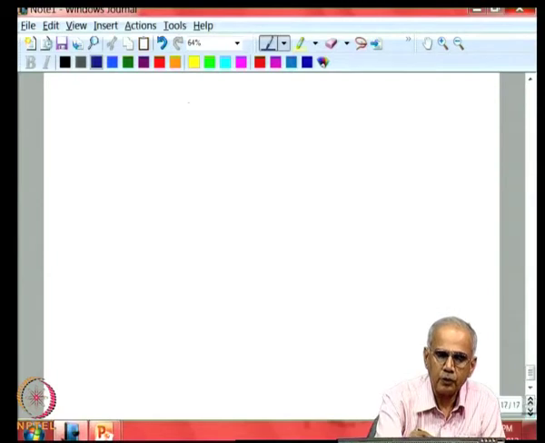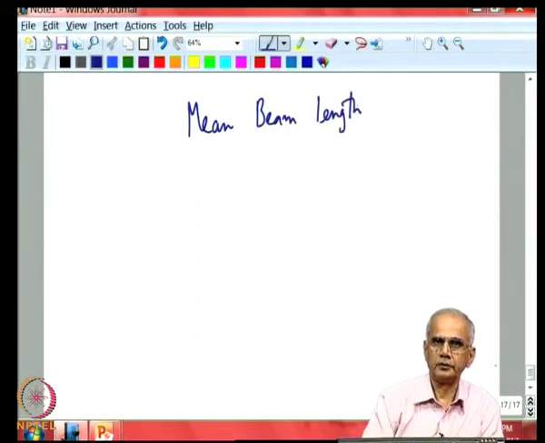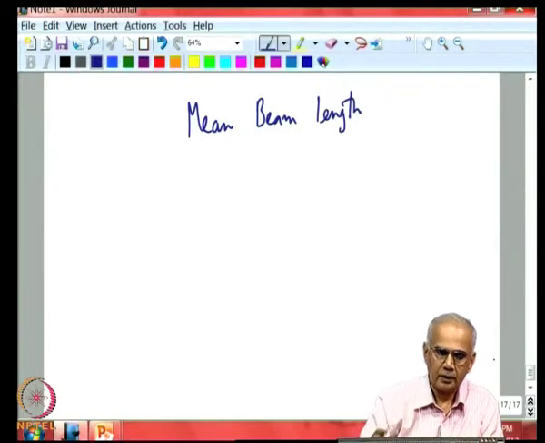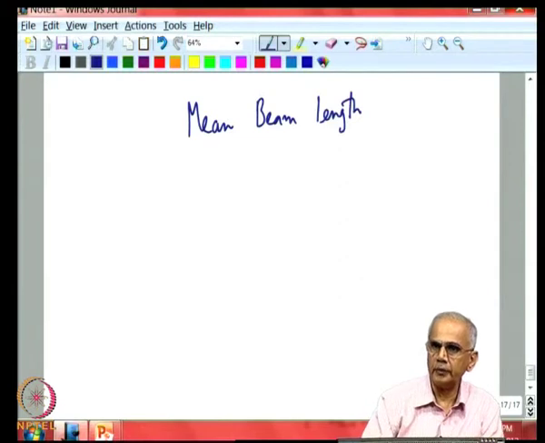So, let me discuss what is called the mean beam length. Mean beam length is a concept used by engineers to estimate the typical effective distance in a 3 dimensional furnace that will give an accurate estimate of the emissivity of the gas.